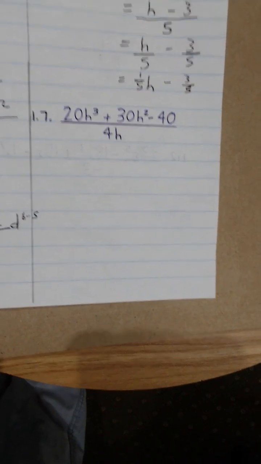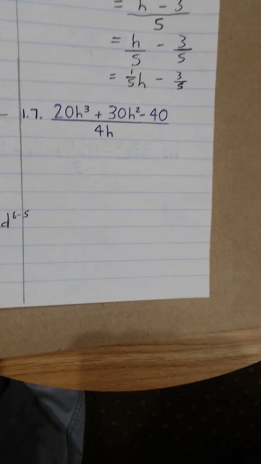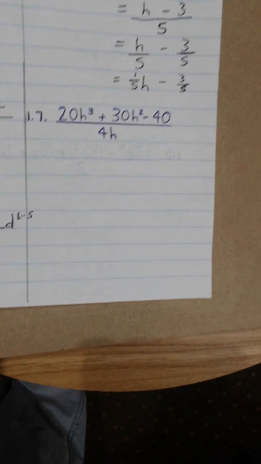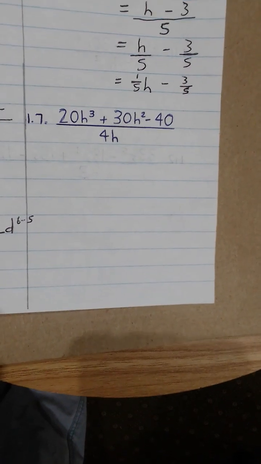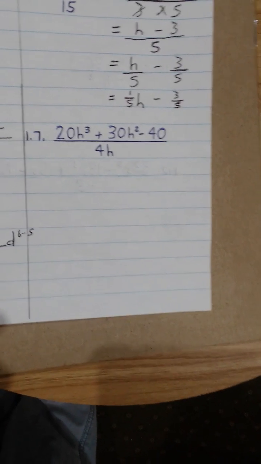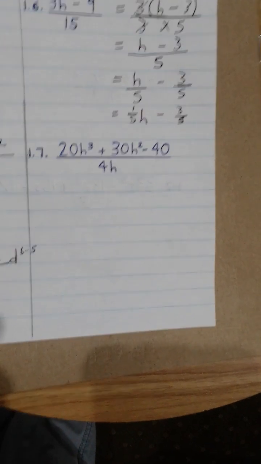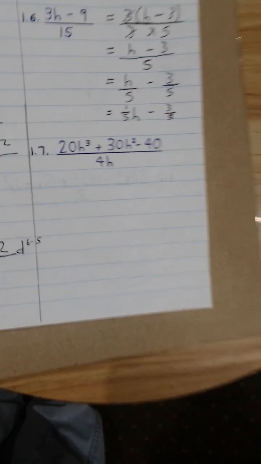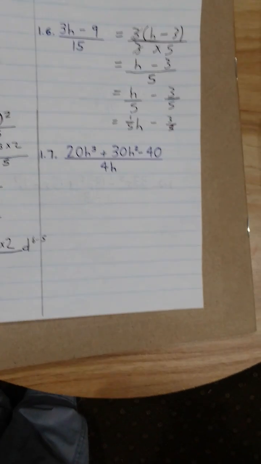1.7, in the numerator you have 20h to the power of 3 plus 30h to the power of 2 minus 40 over, in the denominator you have 4h. So now let's just give the denominator to each part of the numerator.